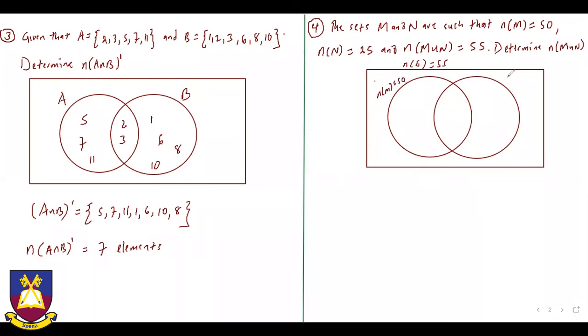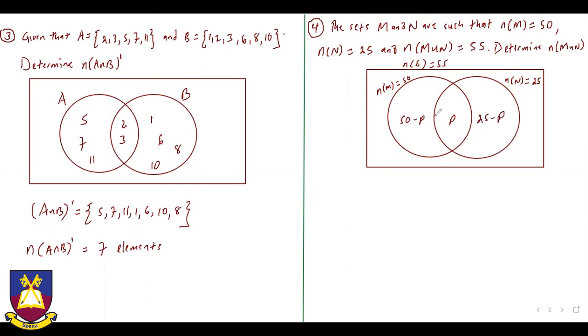And those in N, there are 25. We shall let the number in the intersection be something like p. So this will be 50 minus p, and this will be 25 minus p.